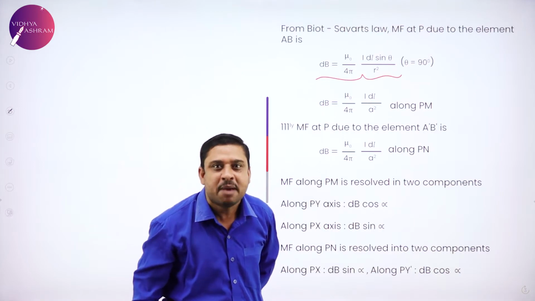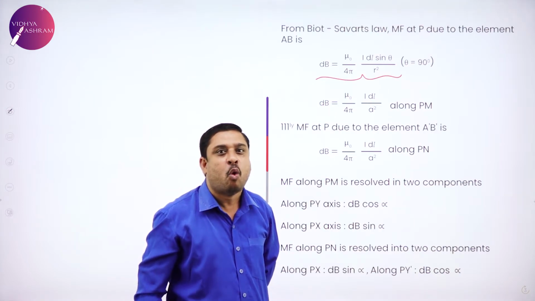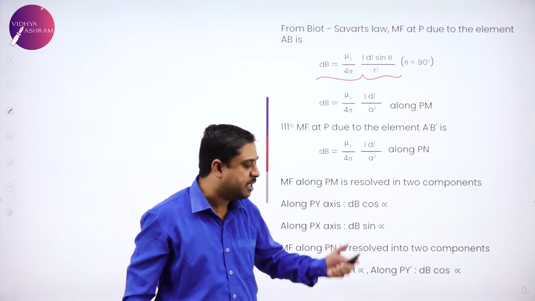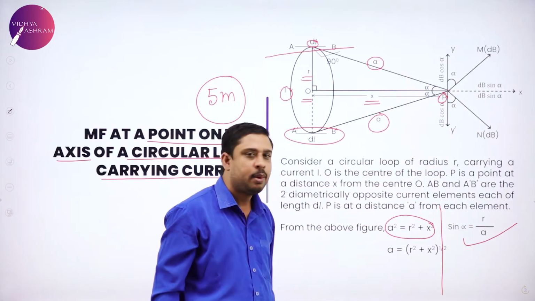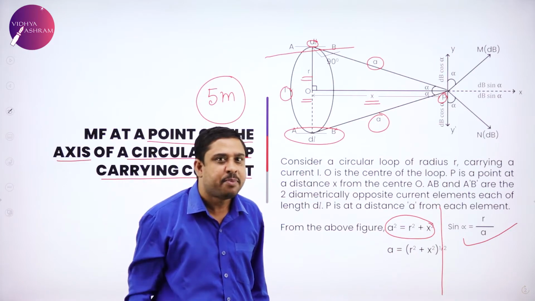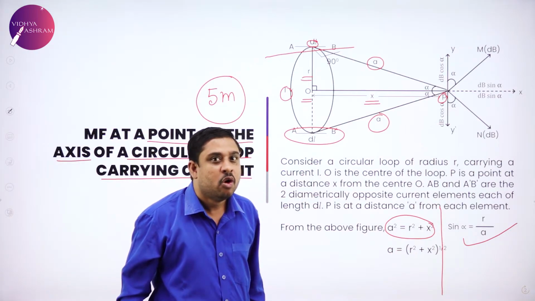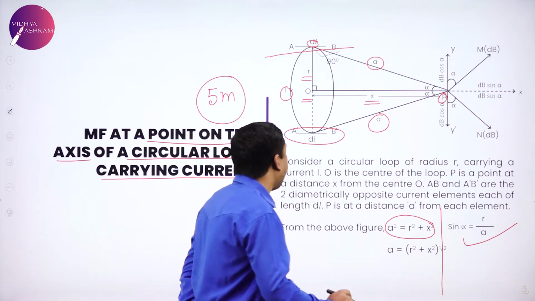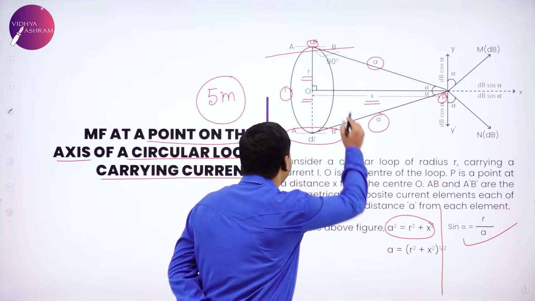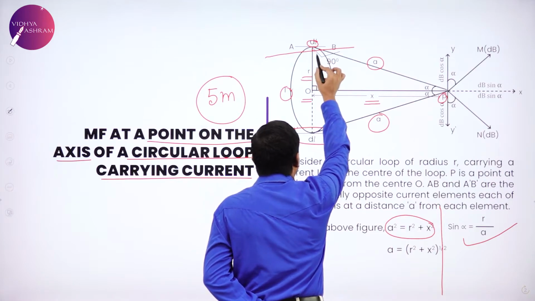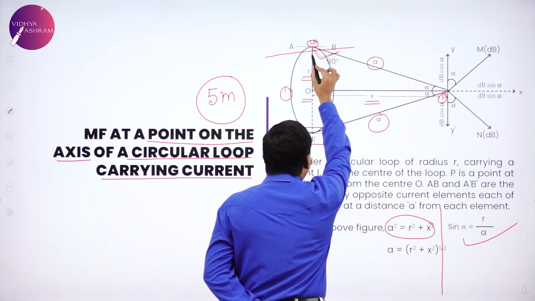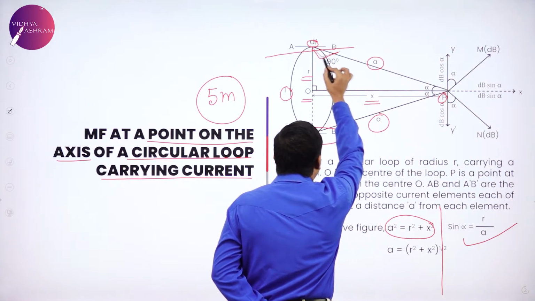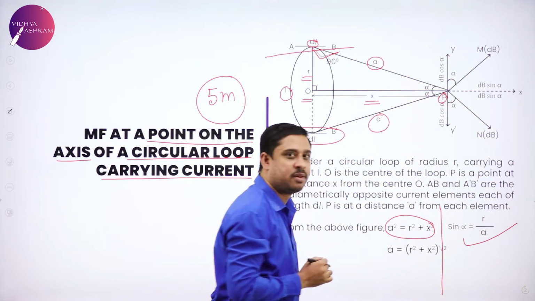Here the whole game is to understand what is theta and in general what is r. If you recap my previous session, what is theta? It is the angle between the element and the line joining the element to the given point.